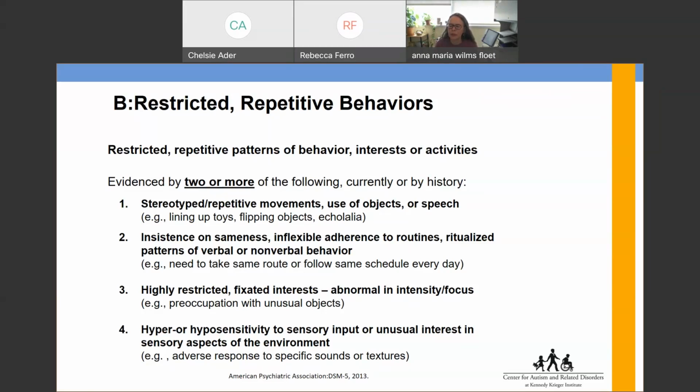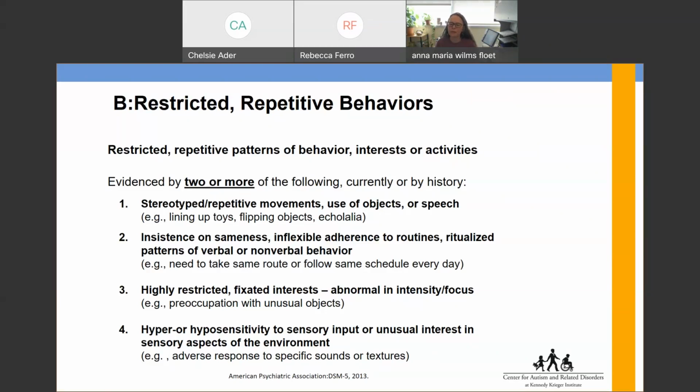And then for children that may initially engage in restricted repetitive play, as we look for these types of concerns, as children get older, we would look for unusual or intense interest or objects of interest.